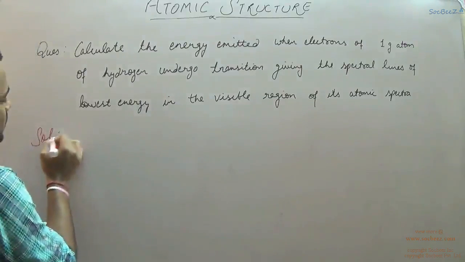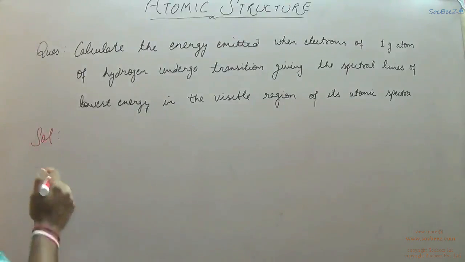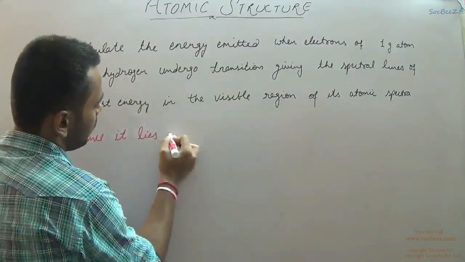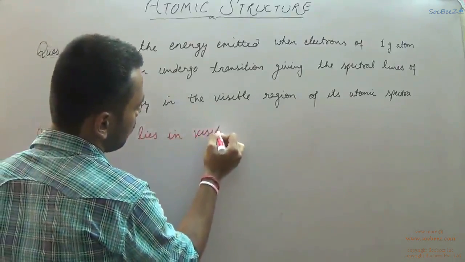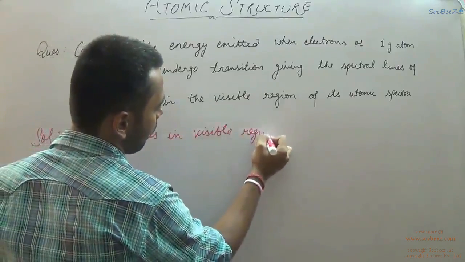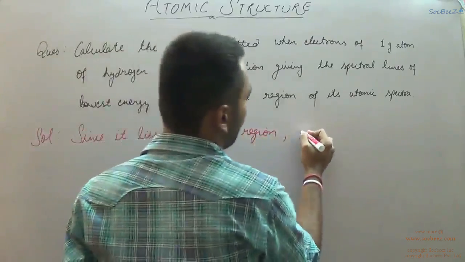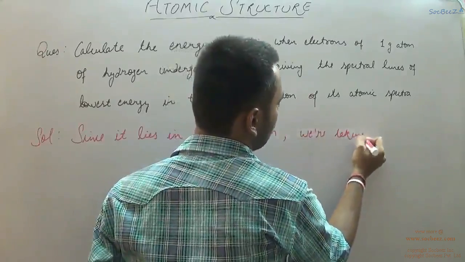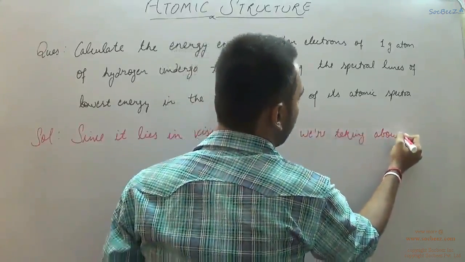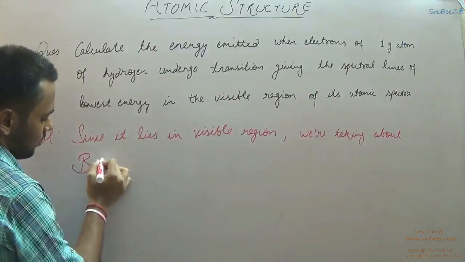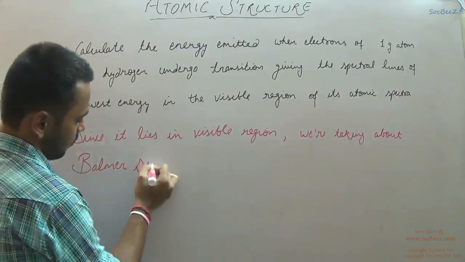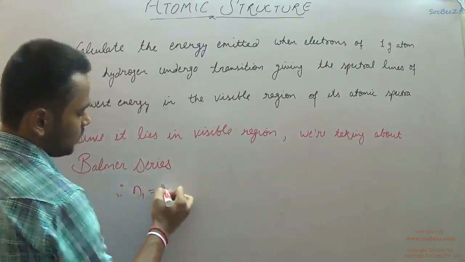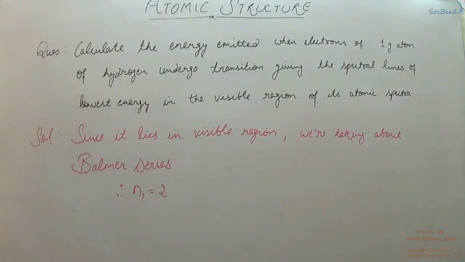Since this spectra lies in the visible region, we are talking about the Balmer series. So here N1 equals 2, because Balmer series lies in the visible region.